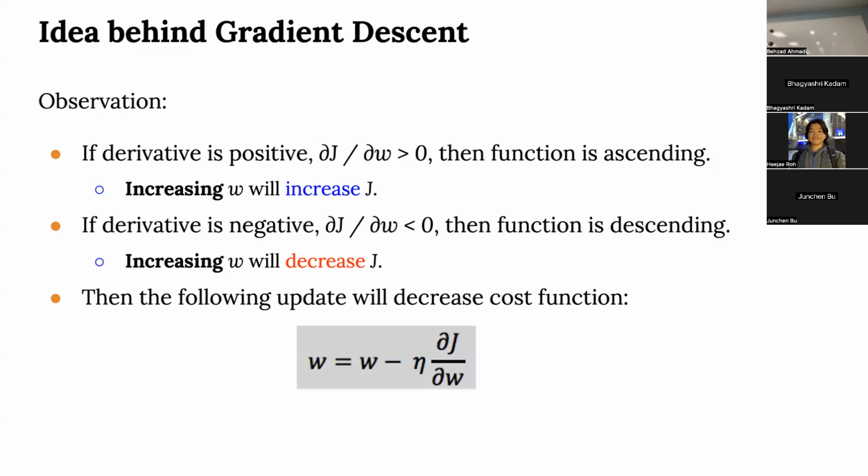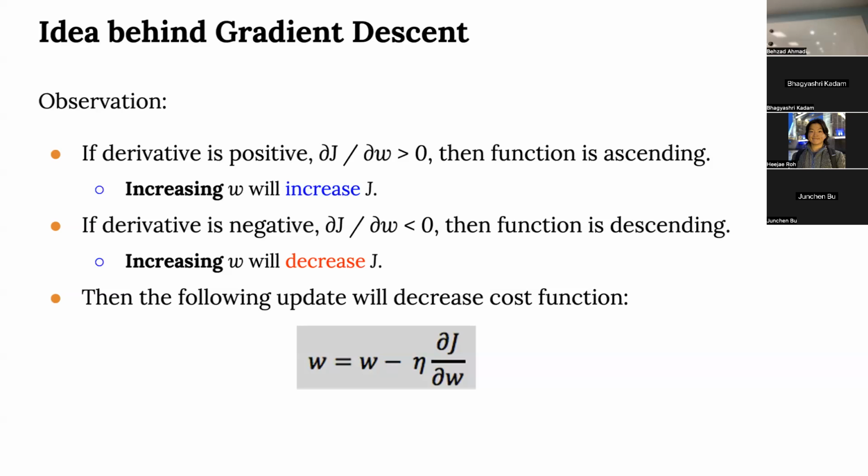The next W, you are going to choose the second W, right? Either here or here or here. The next W is the current W minus this fixed number times the slope of J with respect to W at that point.